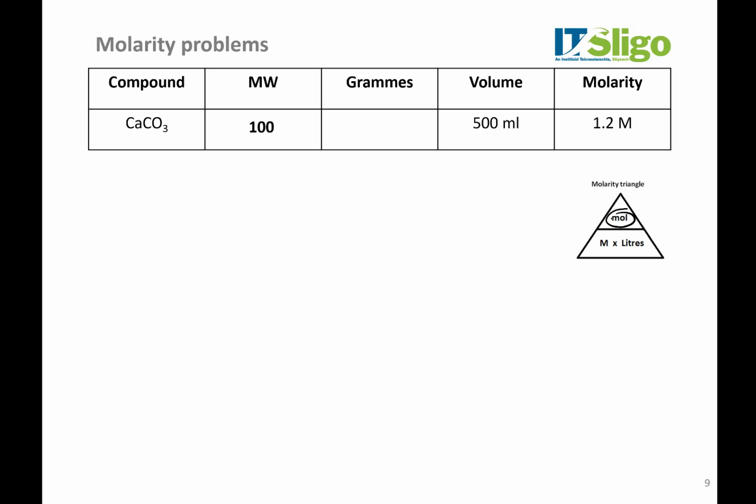So moles, guys, is, using our triangle, molarity by volume or by liters, which is 0.5. This will give us 0.6. Half, really we're asking what's half of 1.2. So that's our moles, number of moles.